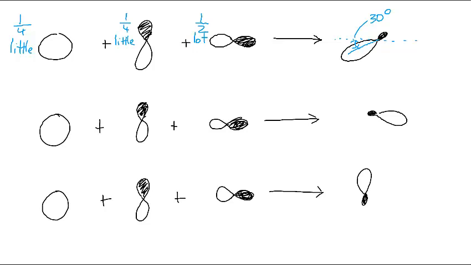The way it is right now, I have my shaded lobe to the right, which is going to be destructive interference, which is going to make it weaker on the right. So what I really need to do is change the orientation of that one and make it point this way.